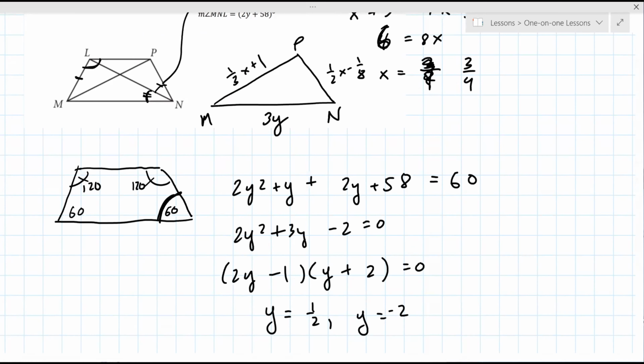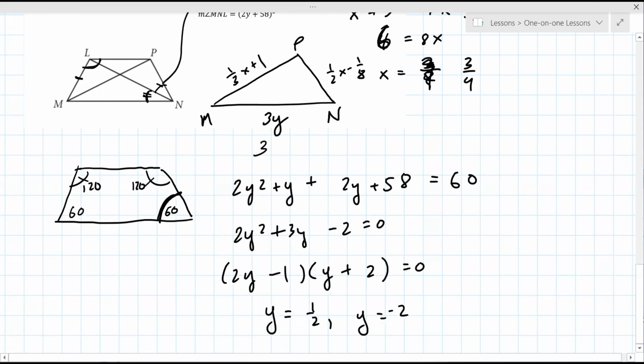But the thing is, what your instructor maybe hasn't explained, but I want to explain it now, is that what you just solved is a quadratic that has nothing to do with the problem itself. The quadratic might have two solutions, but your problem may not utilize both of them because, for example, up here 3y, well, you can't put in -2. I mean, you can, but the length isn't negative.